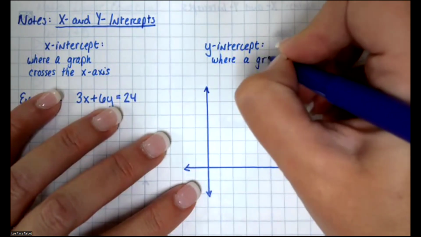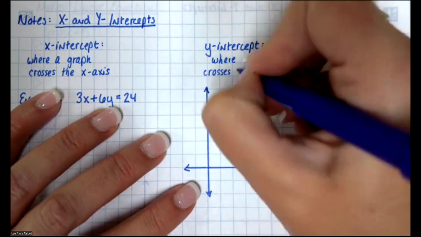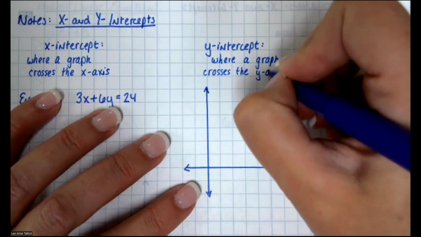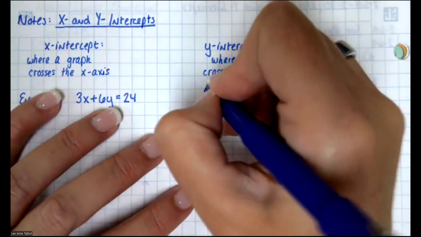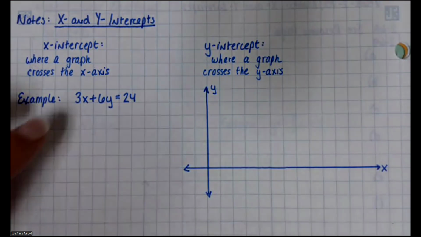Where a graph crosses the y-axis, and make sure to label a y. And those are the words definitions.